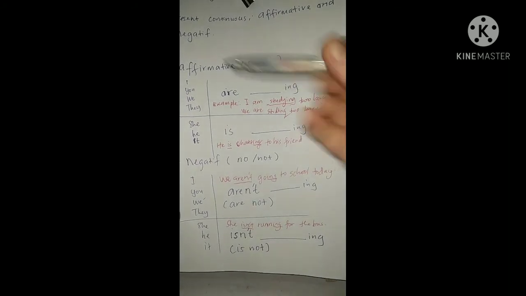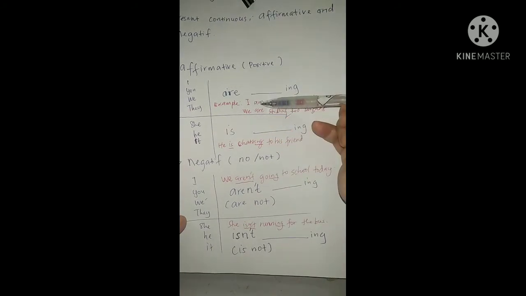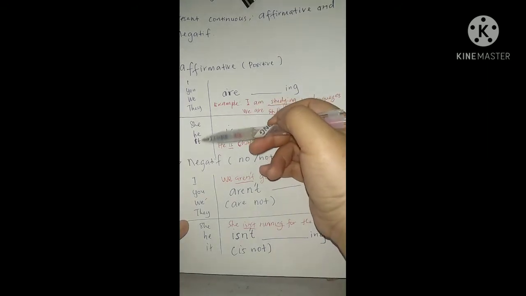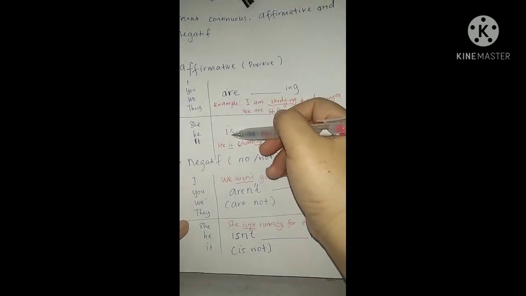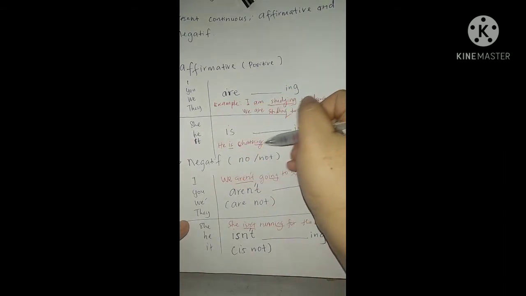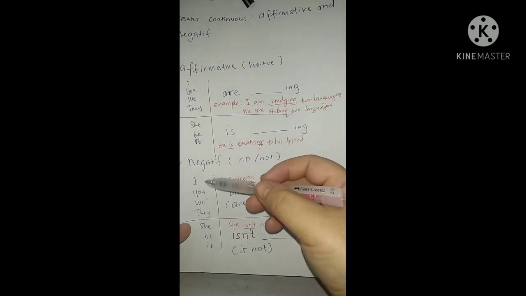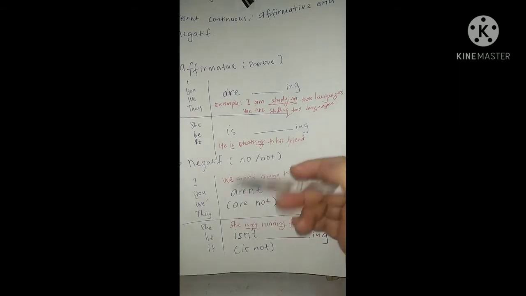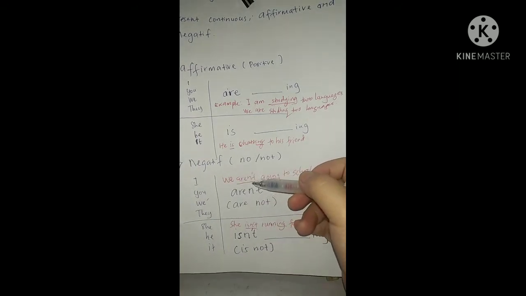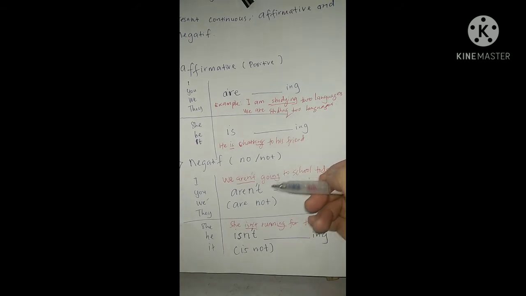It's easy, right? So for the pronouns I, you, we, they, we use are, or for I, am, and then the verb plus ing. For she, he, it, we add is, after the pronoun, and then the verb plus ing. For the negative sentence, for you, we, they, we add aren't, or are not, A-R-E-N-T, and then the verb plus ing.